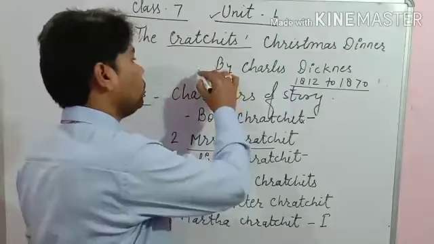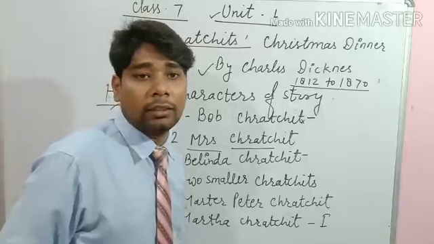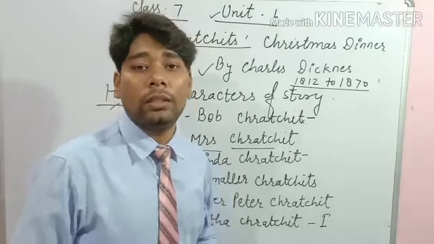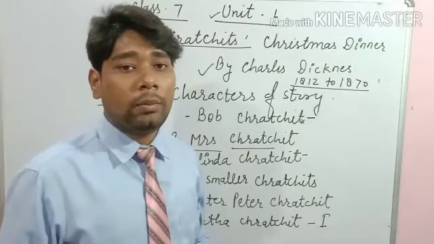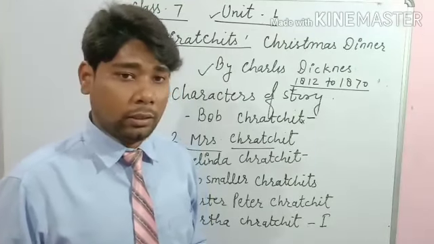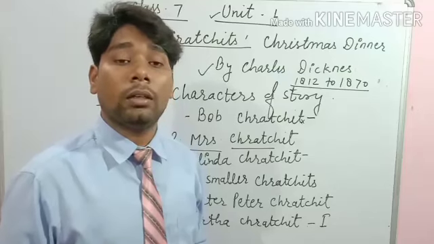First of all, I want to tell you something about Charles Dickens. Charles Dickens, considered to be the greatest novelist of the Victorian era, remains one of the most popular English authors. His works have never gone out of print.